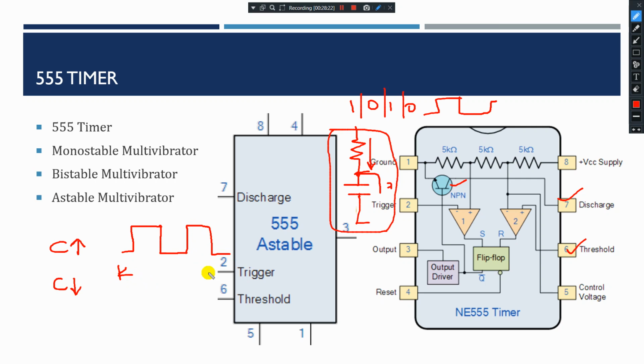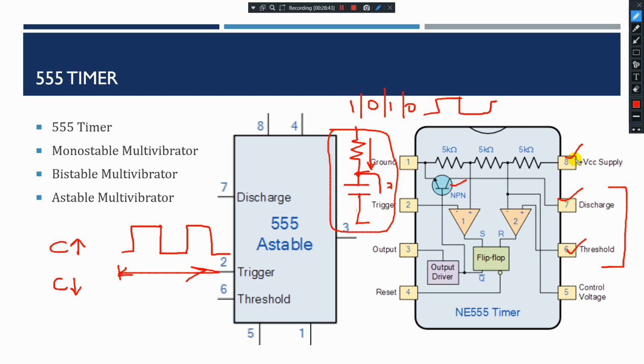So this is controlled by your threshold and discharge as well as control voltage. If you are using an RC combination without your pin number 5, then only 6 and 7 are needed for a continuous pulse. So that is the working of your pin number 7.